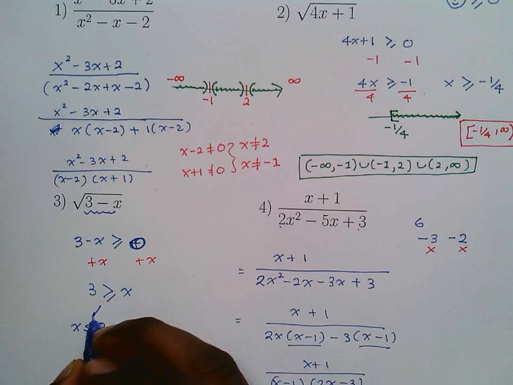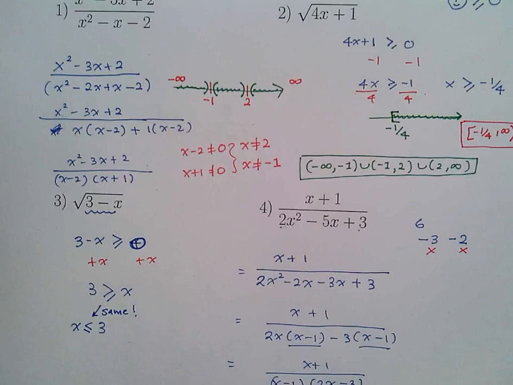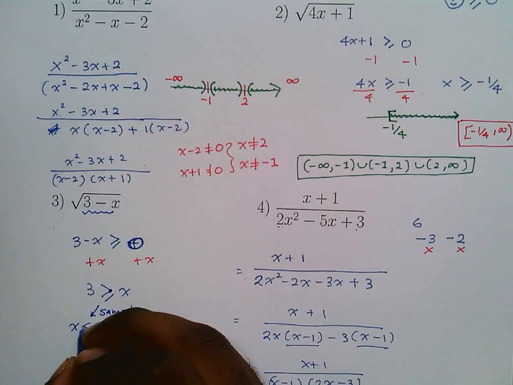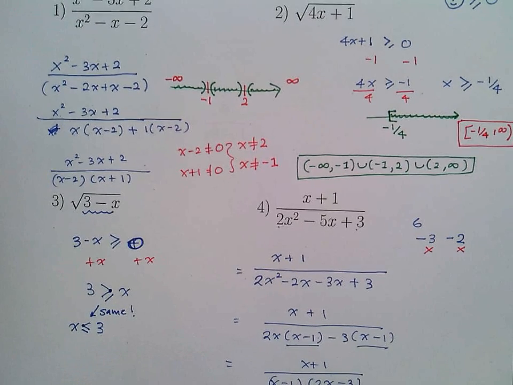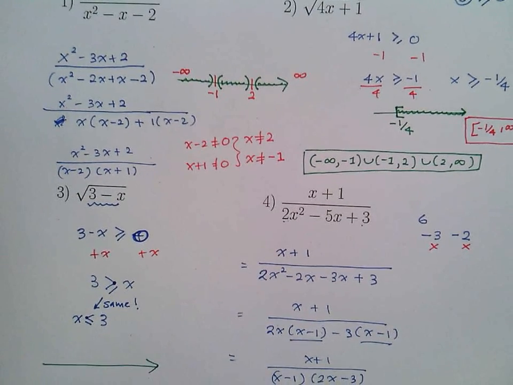Can you see that these two are the same? If not, just look at it for a moment. You can see the arrow points towards x. So it's the same thing. Okay, so in interval notation, draw the number line and x is less than or equal to 3.